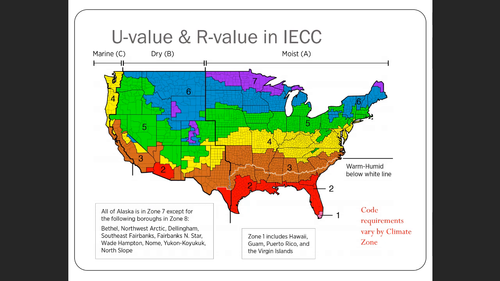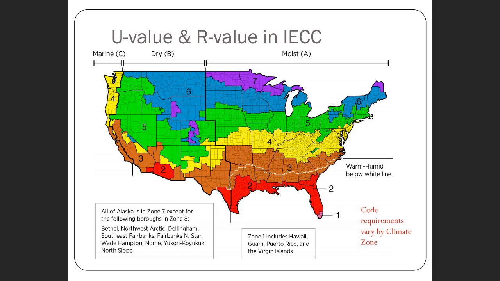And in the code books, they all tend to have a map that looks something like this, where they've broken the United States up into different climate zones. A little hard to see on the map, but it's basically by county. So the code requirements for U values and R values vary by climate zone, right?